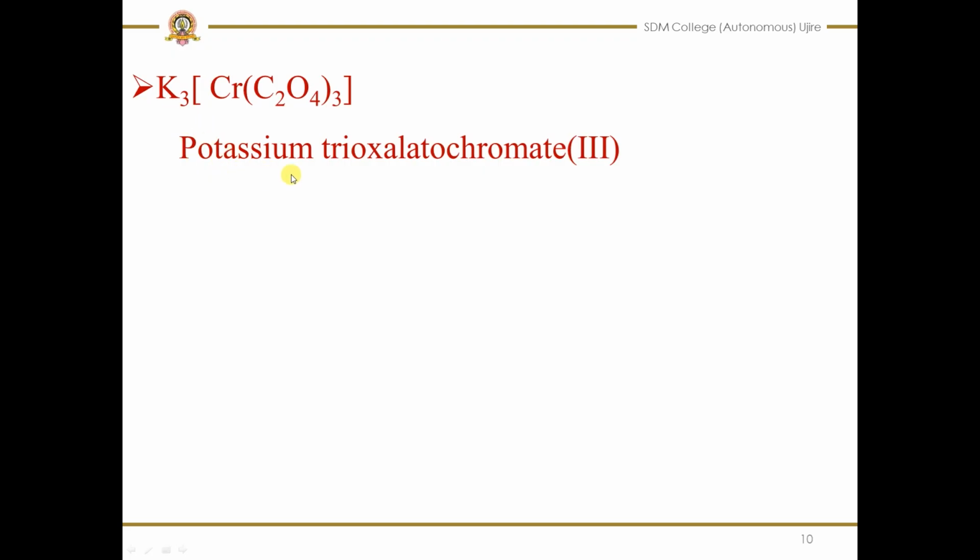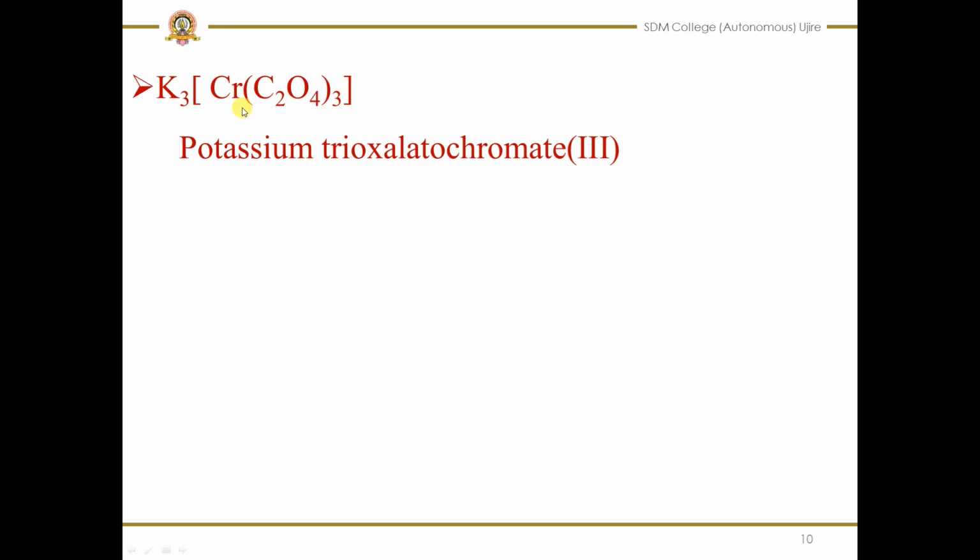Then you can write the name of the complex part. While naming the complex part, here there are three C2O4 ligands, so we have to use the prefix tri to indicate the number of ligands, and the central metal atom is chromium.